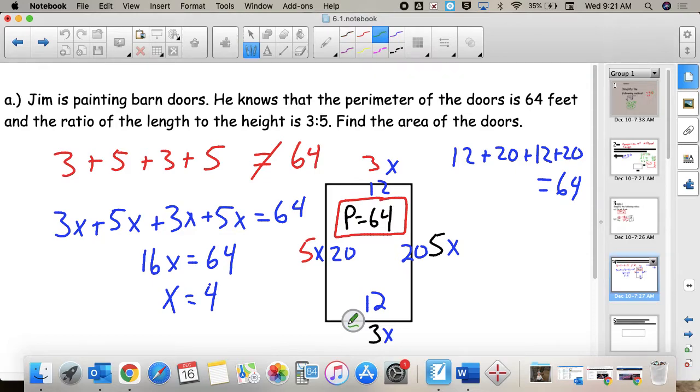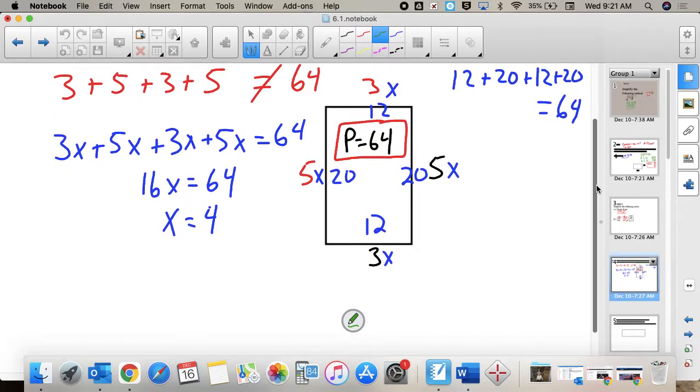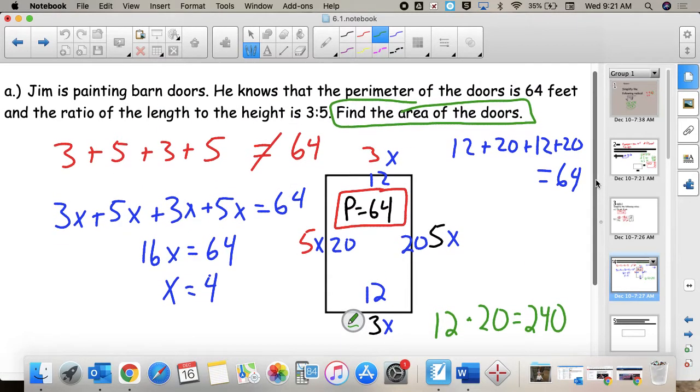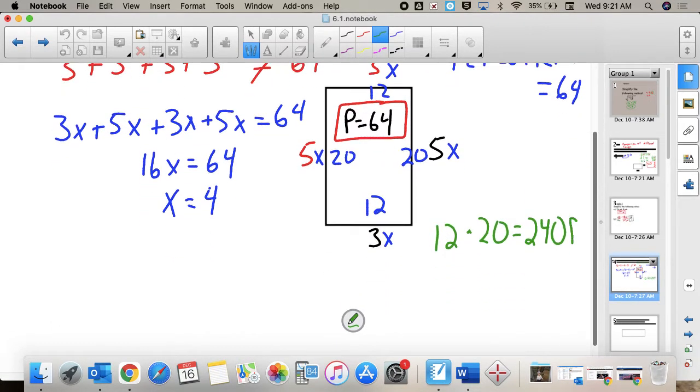To answer our question then, find the area of our doors. Area of a rectangle is base times height, so it is 12 times 20. 12 times 20 is 240, and then we just look at our units. Everything is in feet, so my area is 240 feet squared.